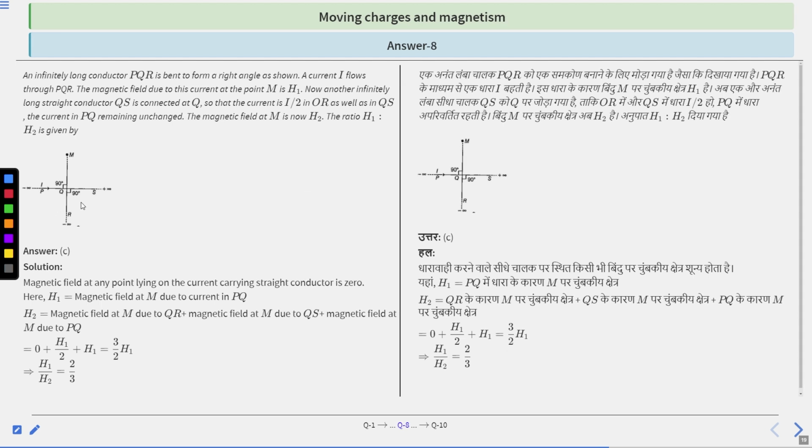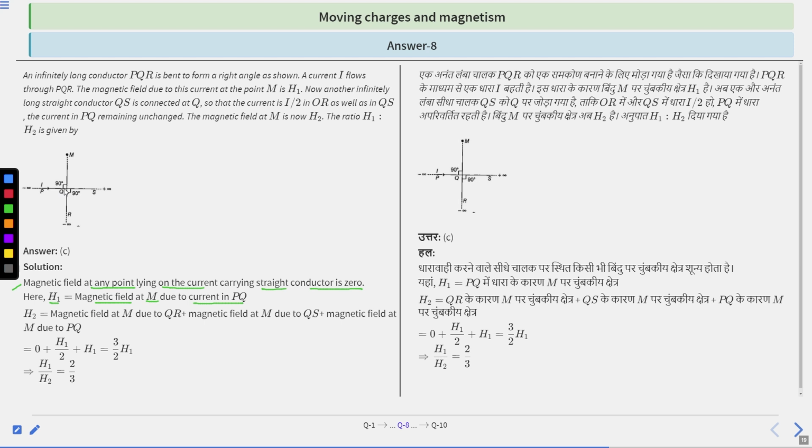So the magnetic field at any point lying on the current carrying straight conductor is 0. Clear? Note down. Magnetic field at any point lying on the current carrying straight conductor is 0. Here H1 is equal to the magnetic field at M due to current in PQ.